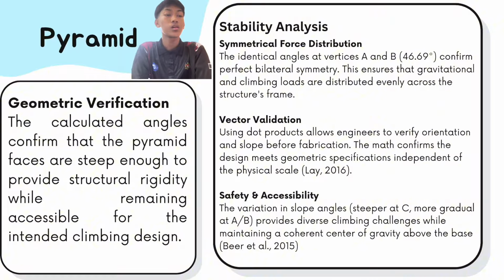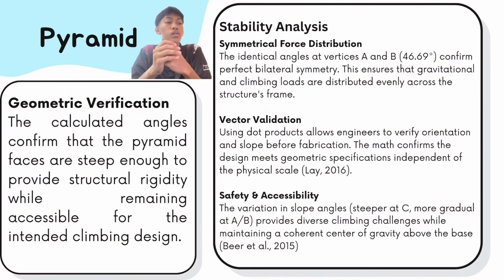So the calculated angle confirms that the pyramid faces are steep enough to provide structural rigidity while remaining accessible for the intended climbing design. I have attached on this slide the stability analysis, where we found that the identical angles at vertices A and B confirm perfect bilateral symmetry. This ensures that gravitational and climbing loads are distributed evenly across the structure.